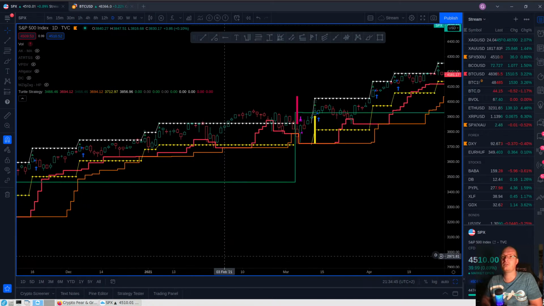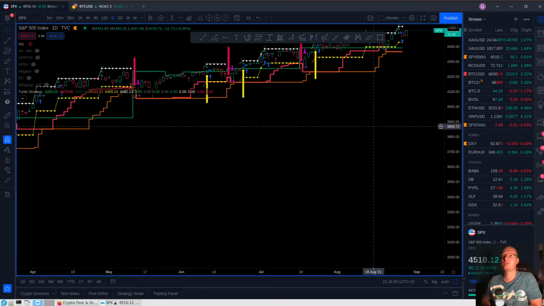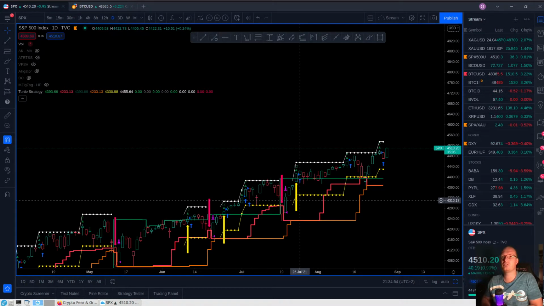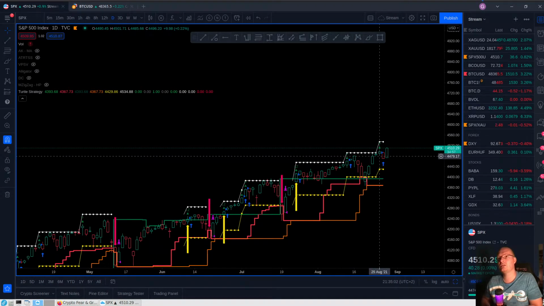And then we continue like this, on and on and on. And let's see where we are now. So we got the initial long signal on the 23rd of July. We added once, and yesterday we added the second trade.